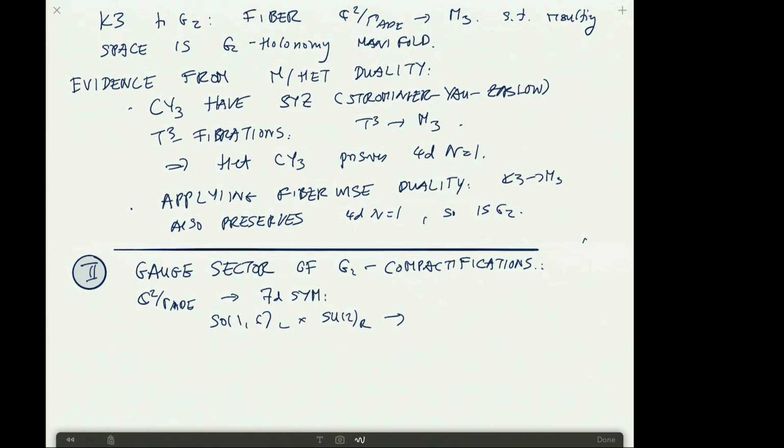We'd like to reduce this to the Lorentz group in 4 dimensions times the local rotations on M3 times the SU(2)_R symmetry, and we'd like to retain N equals 1 in 4D.